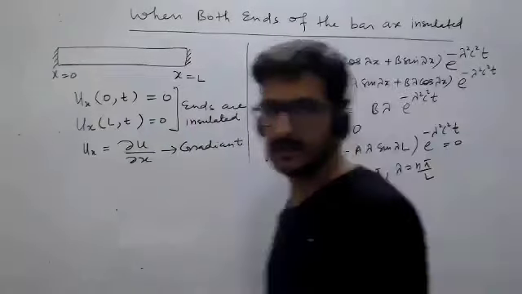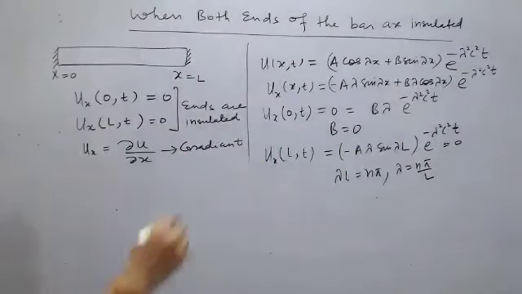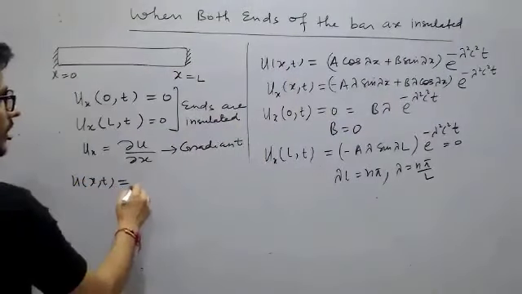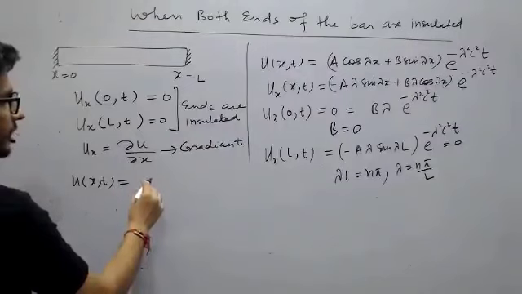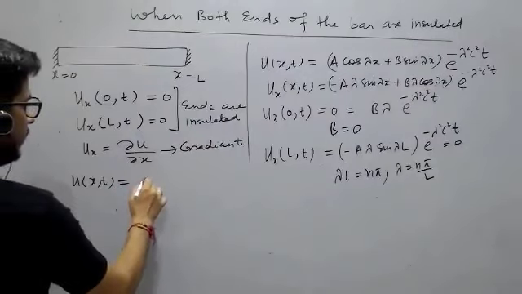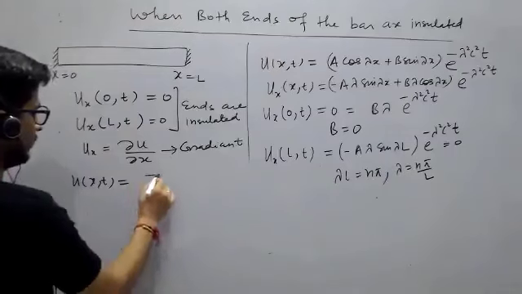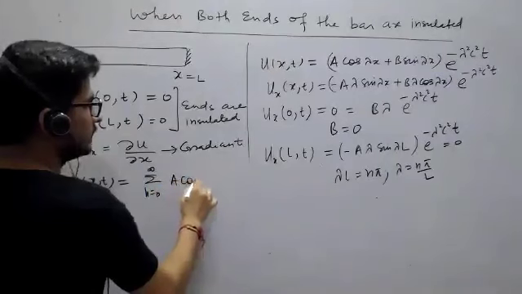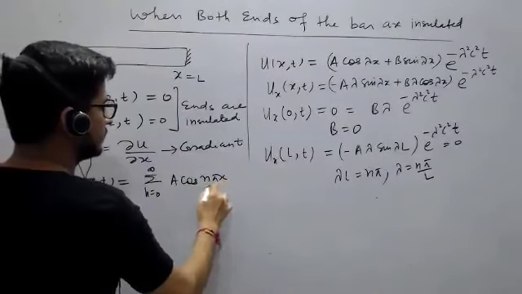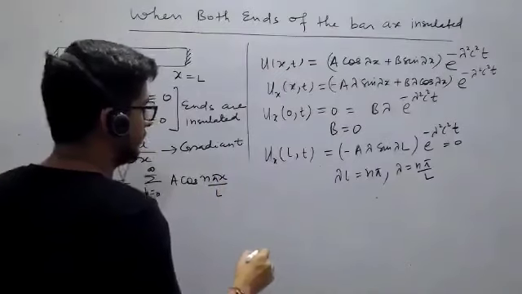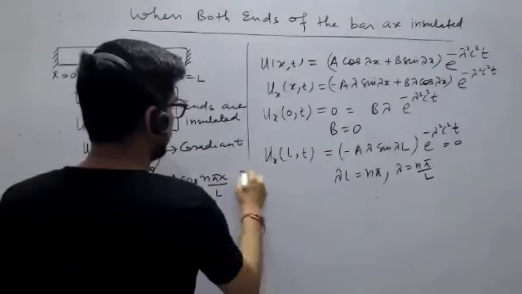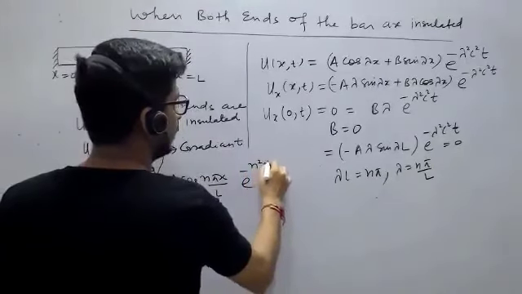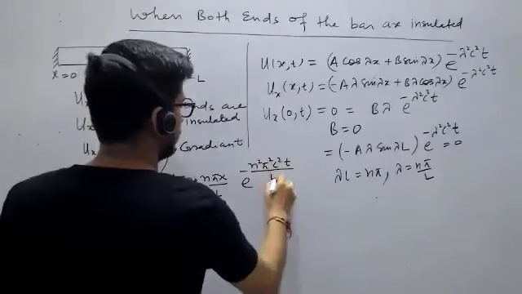So seeing these values, let us write u(x,t) is equal to, b is gone, so summation I will write because now there are many values. So a cos n pi x by L, b is 0, e to the power minus n square pi square c square t by L square.